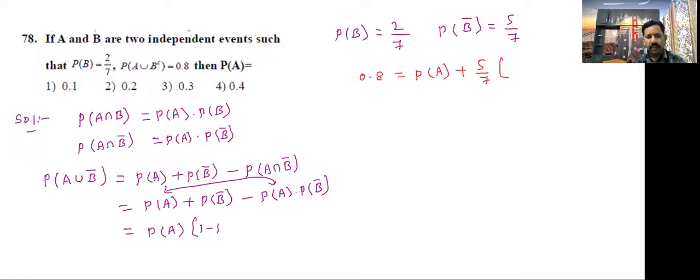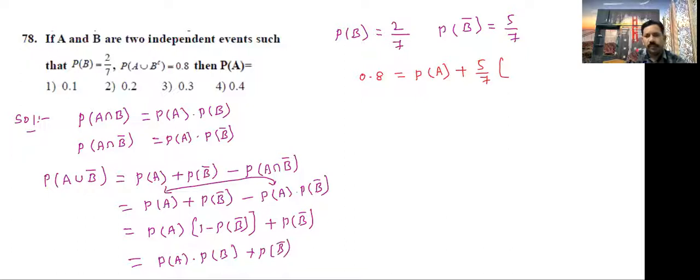Remaining, what is there? 1 minus P of B complement plus P of B complement. Here we get P of A into P of B, plus P of B complement. I think this method is easy.